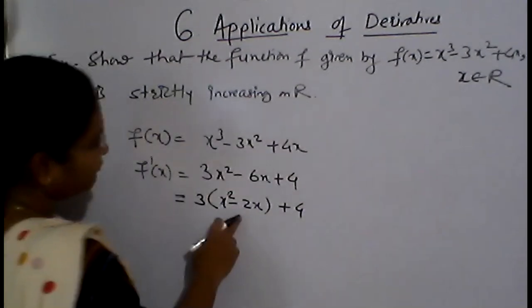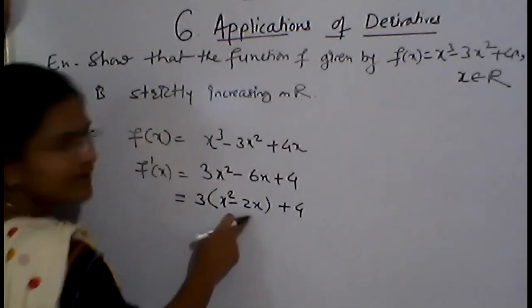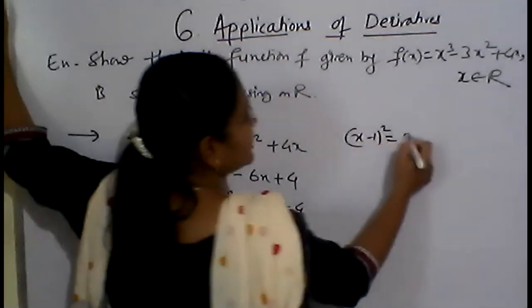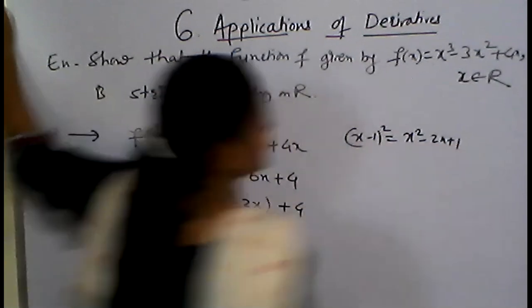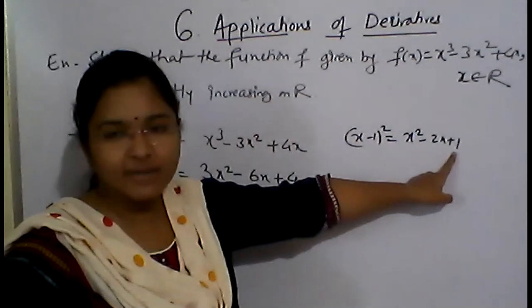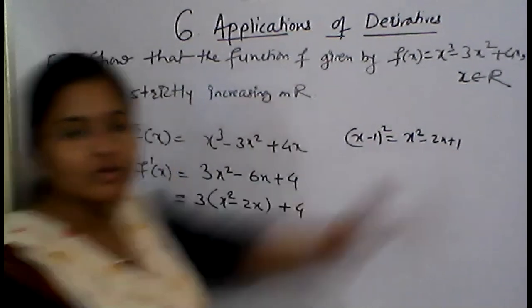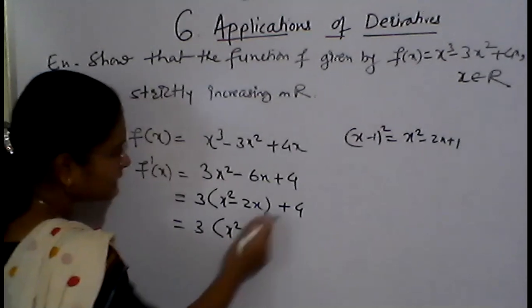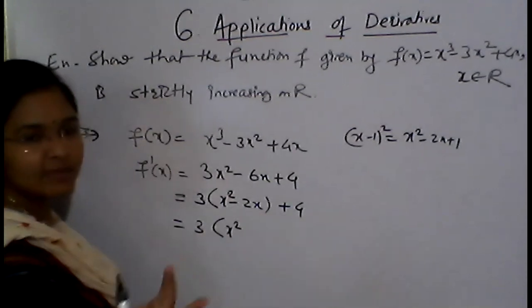Now, if we want to make its perfect square, like x minus 1 whole square, plus 1, we need plus 1 here. ठीक है? Yes or no? So here we'll add 3 in bracket x square. अभी 4 को भी split कर सकते हैं हम लोग.